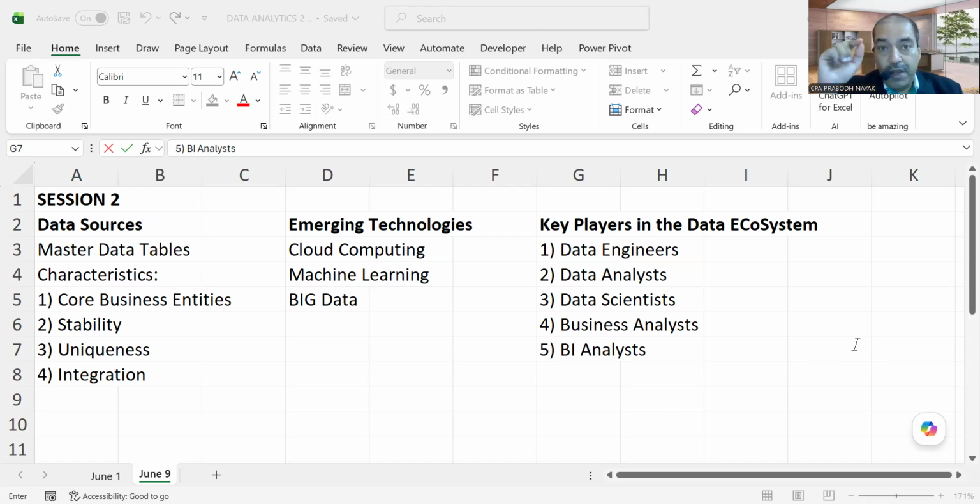See, when you are going after your data analytics course, at the end we ask you, which role do you want to go into? Data engineer, data analyst, so that accordingly we can prepare you for that. Because data analytics is a subject, a course. But when you are going, you have to know in what role, in what capacity you are going.